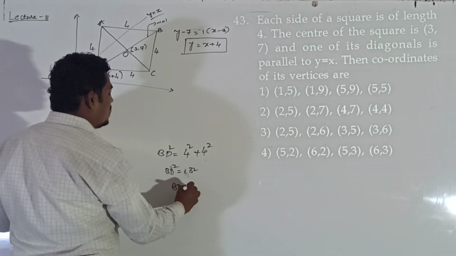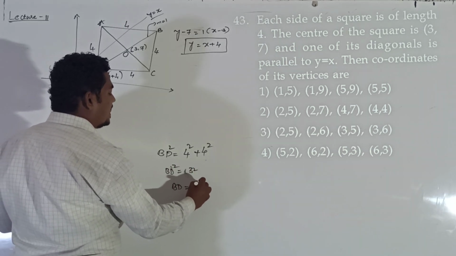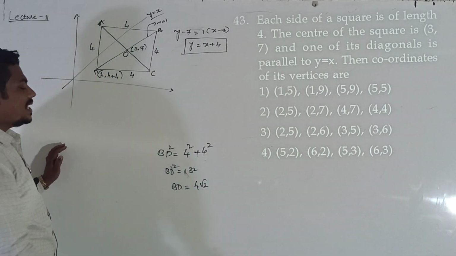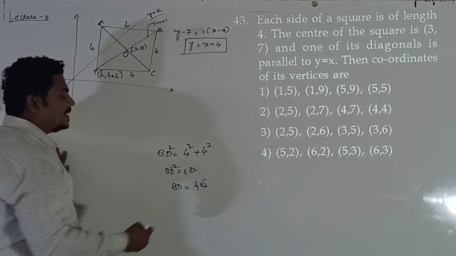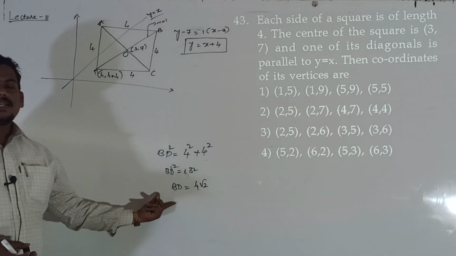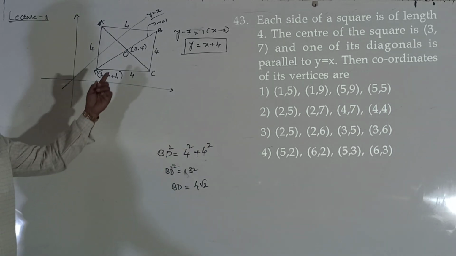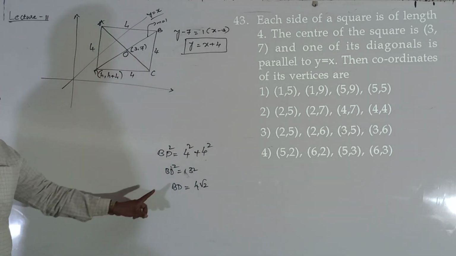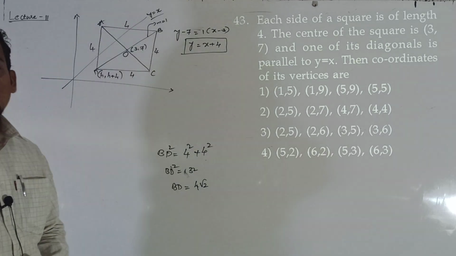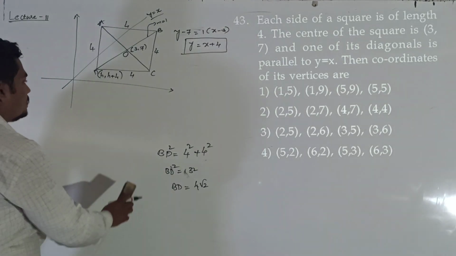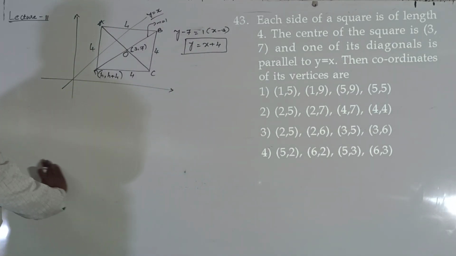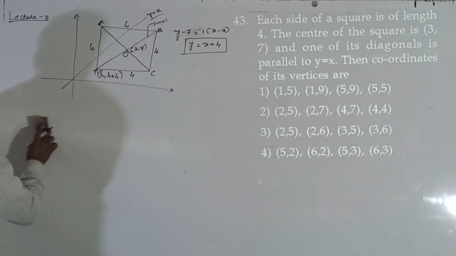Then BD is equal to square root of 32, that is 4 root 2, right? BD length is 4 root 2. Then we need OD. OD length is nothing but BD divided by 2. Clearly O is the midpoint of BD, hence OD length is 2 root 2, right?